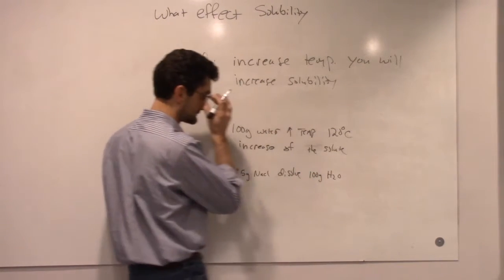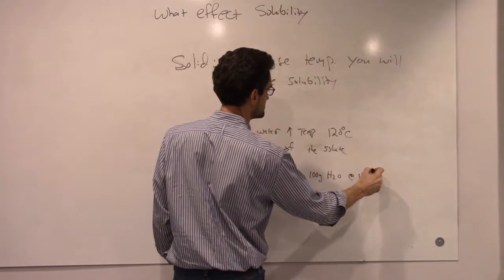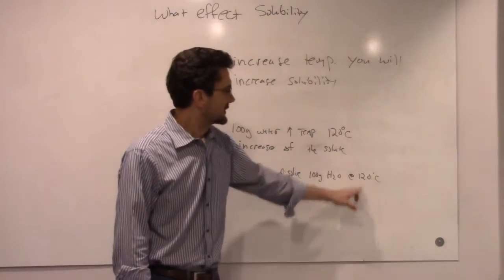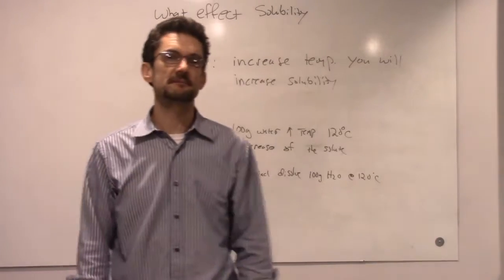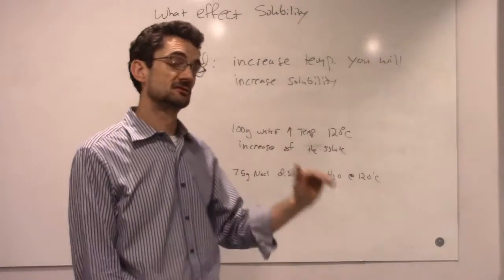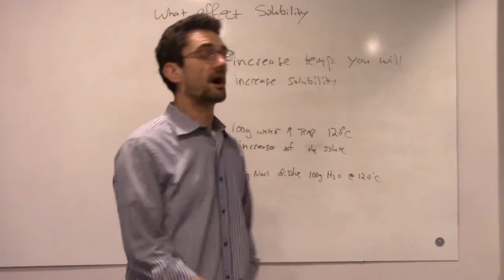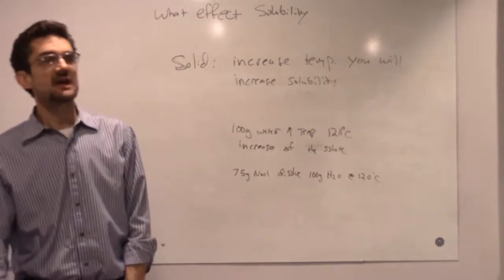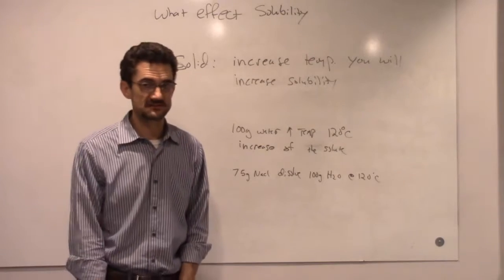Now, what happens when you lower this temperature? So you heated it up, you dissolved it. What's going to happen when that solution cools back down? Well, one or two things can happen depending on how much you supersaturated it. If you really supersaturated it, crystal formation is going to start to happen.